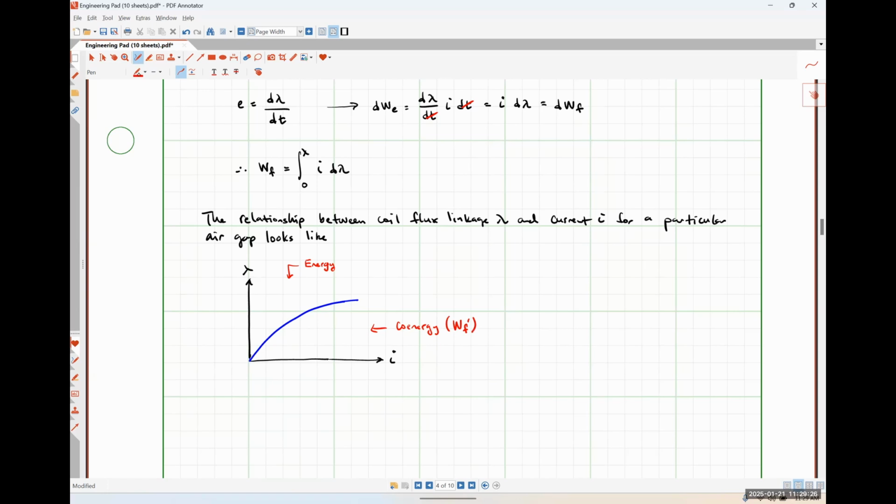For what it's worth, this little slice right here is our differential field energy, dWF.